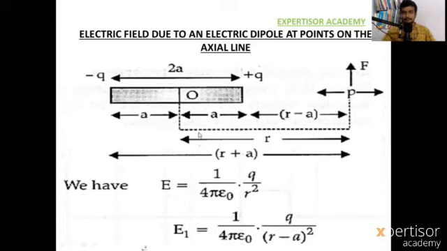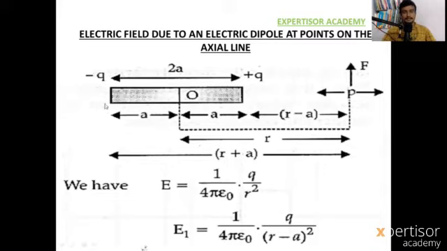So here two distances are there. The distance between the origin point and the point P is small r, and the distance between the plus q charge and the point P is r minus a. See here, this total distance is r, the remaining part is a, so this distance equals r minus a.